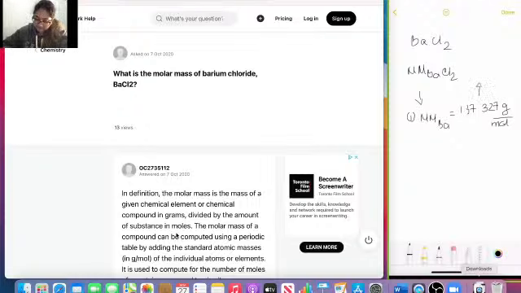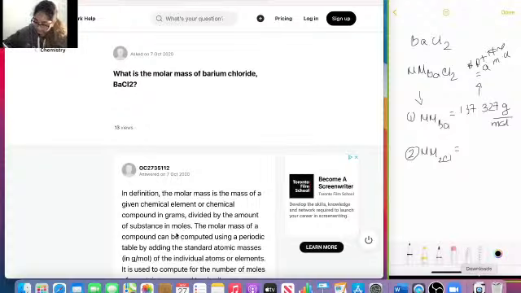However, it is the same thing as the number of protons plus number of neutrons, which equals the atomic mass of barium, in atomic mass units. And so the second step would be to find the molar mass of 2 chlorine atoms.